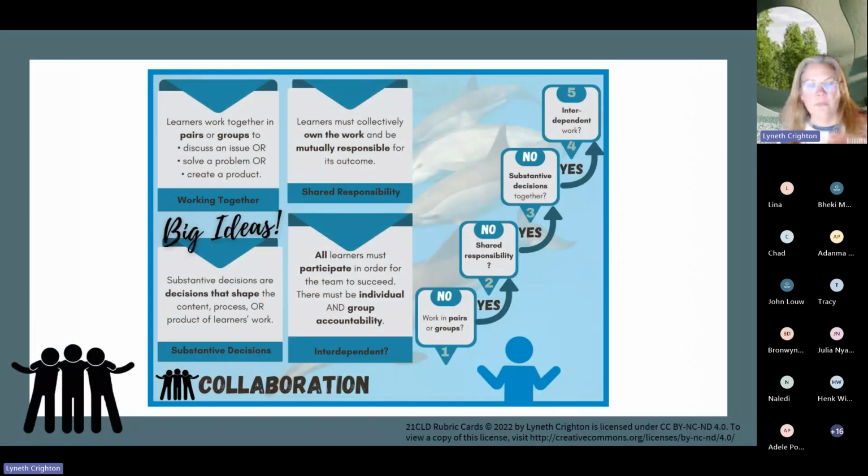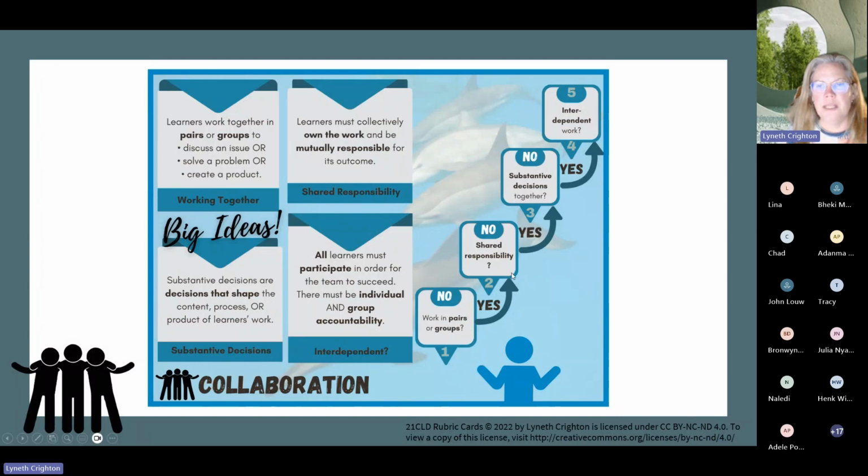So this is the infographic with the big ideas of collaboration. I always think of it as the dolphins because they work together to achieve a goal. So the first question is, is the work done in pairs or groups? If the answer is no, it's a level 1.